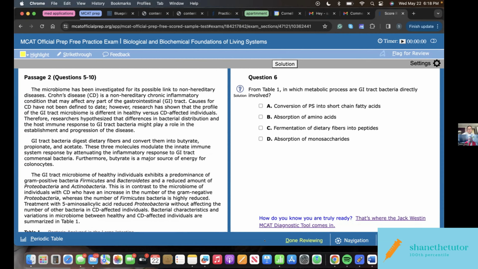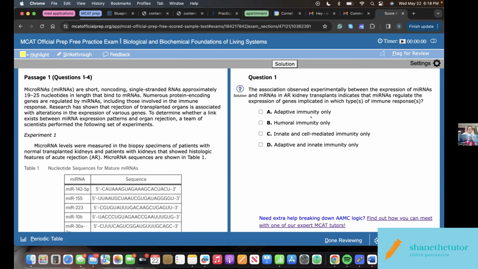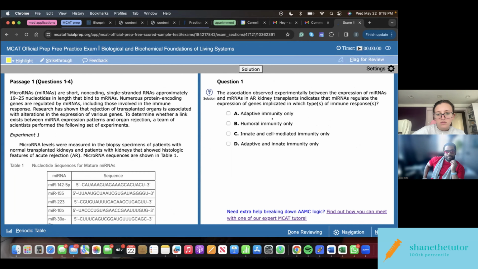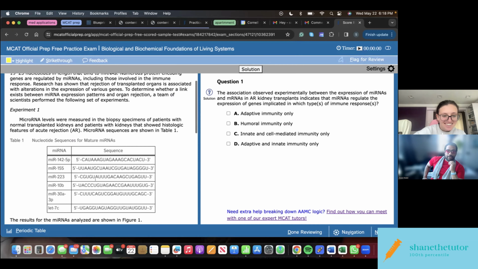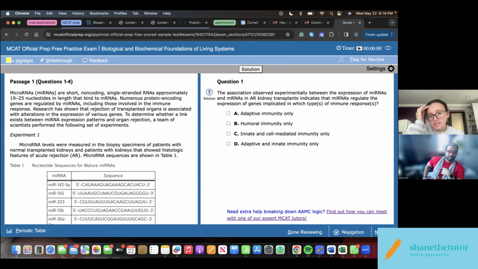Okay, so we can go over this one. I can't remember what I picked. That's good though, because that's the purpose of the blind review, right? So you could read out loud.